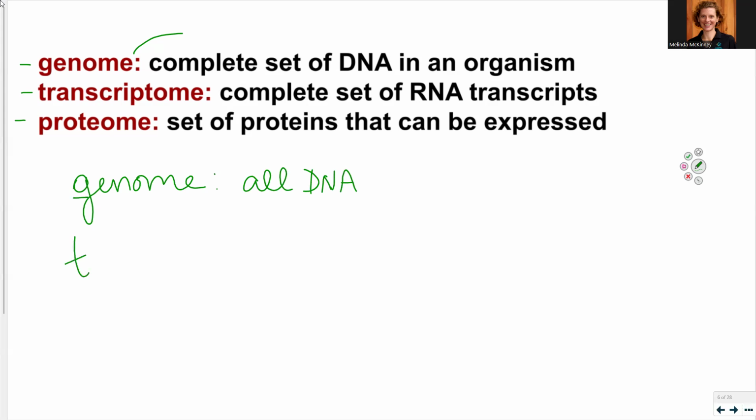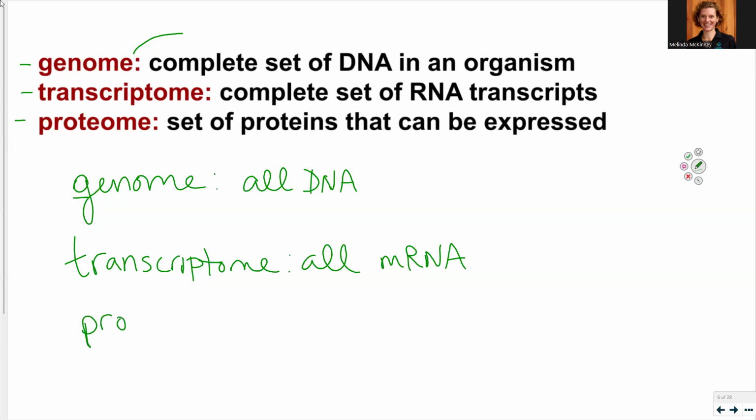The transcriptome is all RNA transcripts, so that's going to be all of our messenger RNA in an organism. And then the proteome is all of the proteins in an organism.